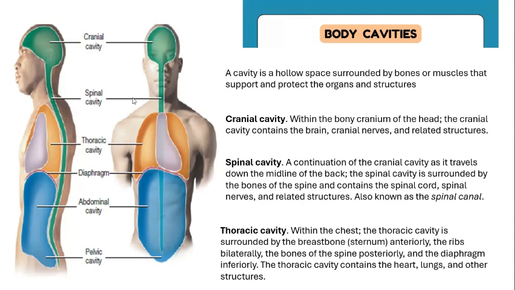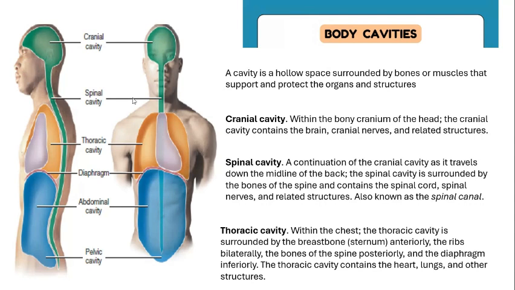The next one we'll look at is the spinal cavity, which is another example of the dorsal cavity. When we look at the spinal cavity, you see the spinal cavity is very long.